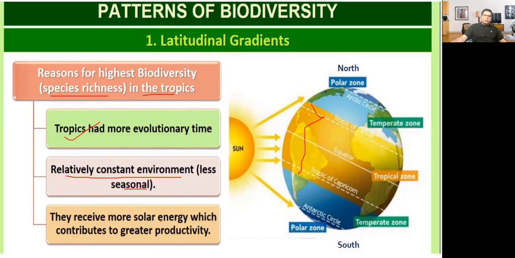They receive more solar energy, which contributes to greater productivity. This is the reason why the number of species in the tropics is more than in the temperate and Arctic zones.